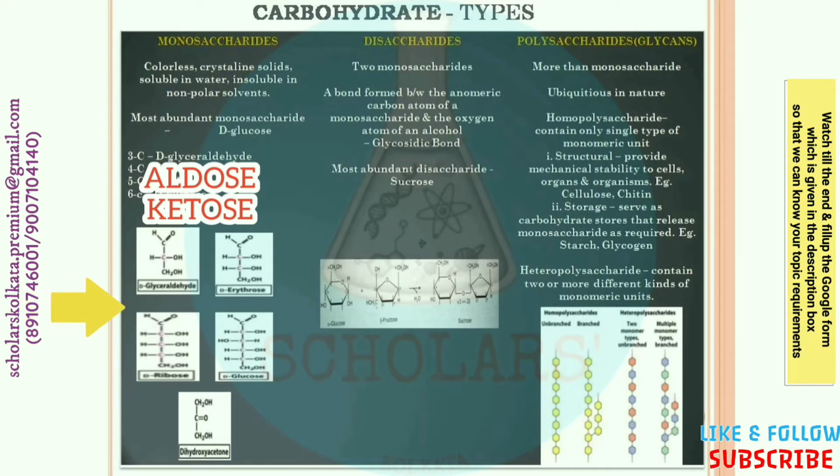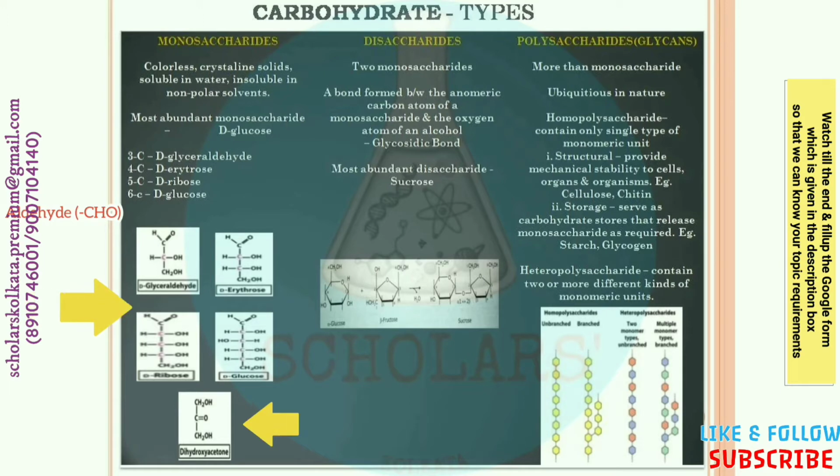In the previous four examples, you can see the functional group is aldehyde, and the last one has the functional group as a carbonyl group, or CO group. Those monosaccharides that have the aldehyde group, or CHO group, as their functional group are called aldose.